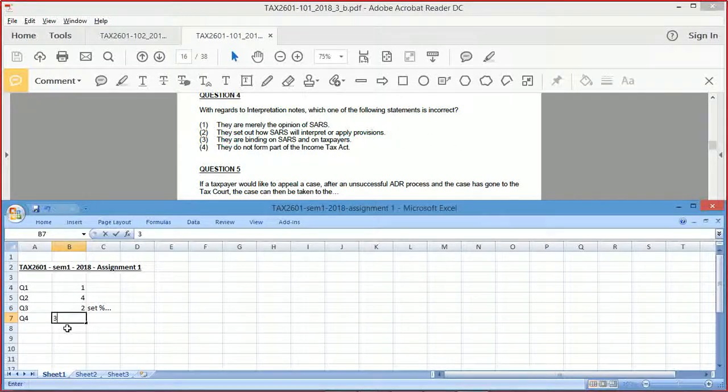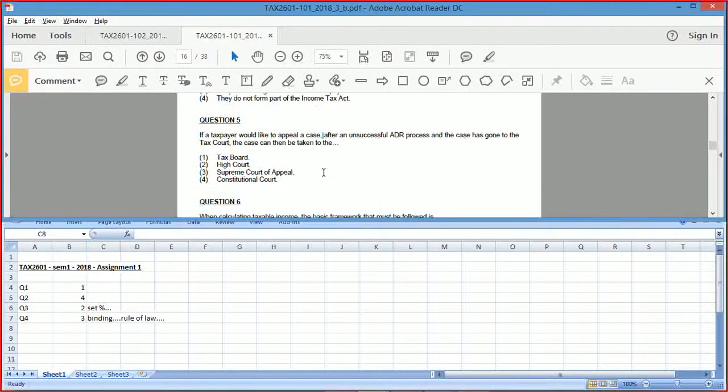Are the practice notes rule of law? No, it's not legislation. Does it form part of the Tax Act? Of course not. It's not law. It's just someone's view on how they're going to treat certain things. Does that make sense?